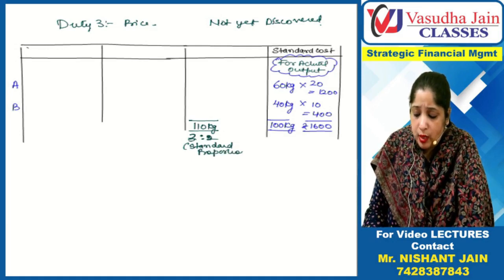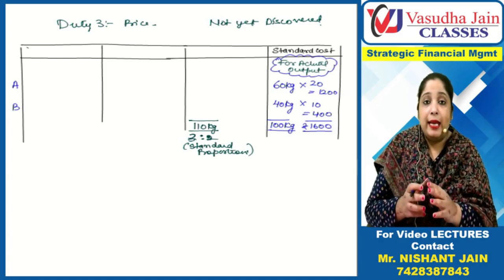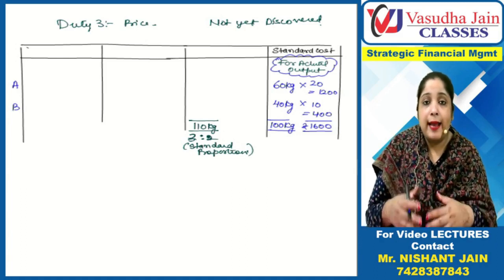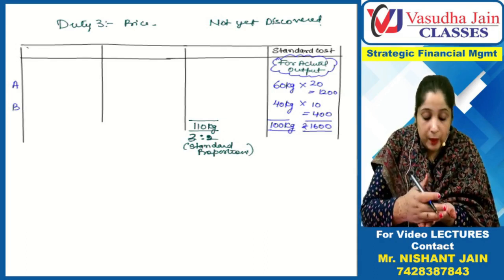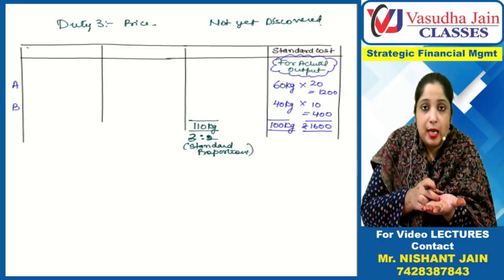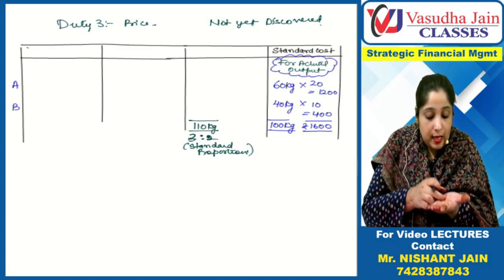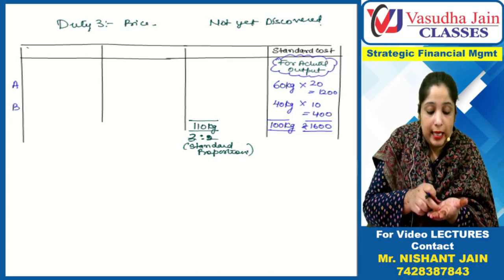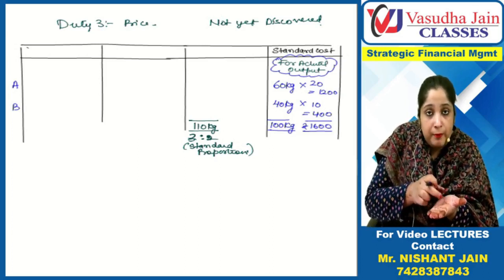Ma'am, why are you assuming standard proportion? Because I want to analyze why the cost has increased. So I will analyze in bits and parts. I will pick up first mistake and see what impact it has caused on the amount spent. Then I will add the second mistake. Then I will acknowledge the third mistake.